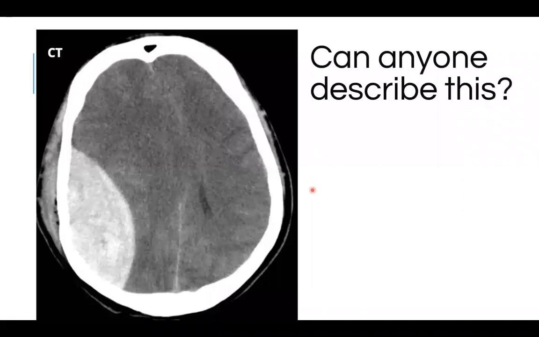Okay, so this is a bit of the interactive part. Can anyone describe what they see here? If you want, you can just put it in the chat. So describe it as if you were in an OSCE.